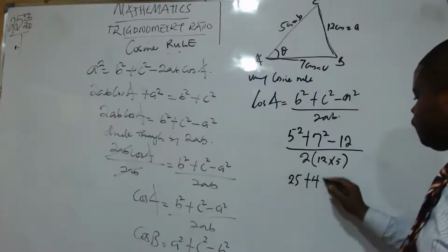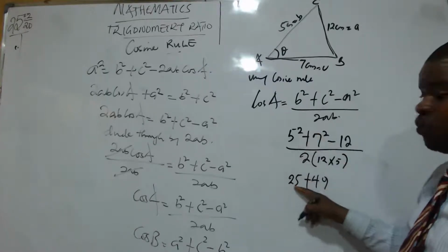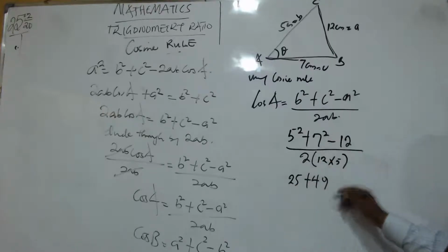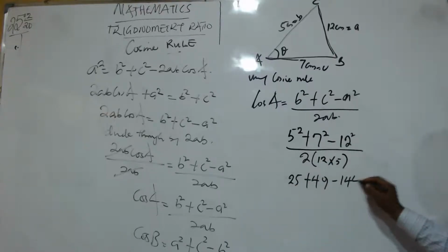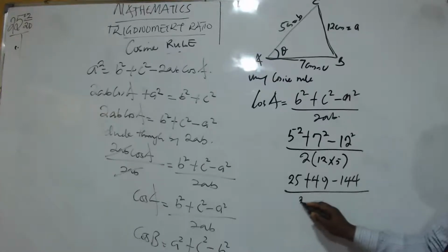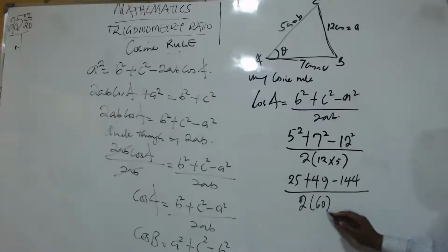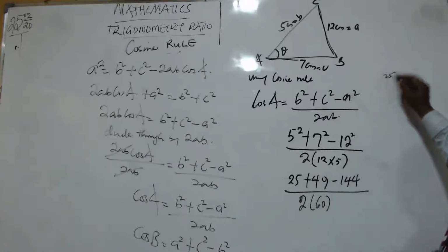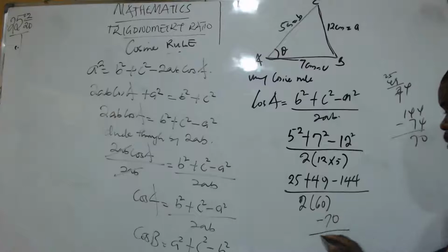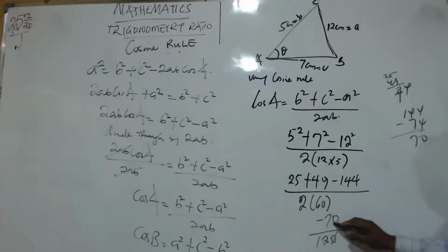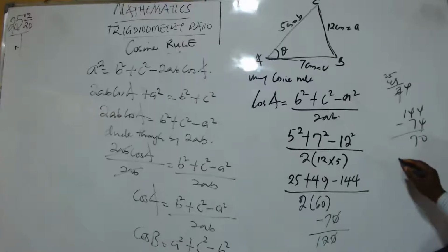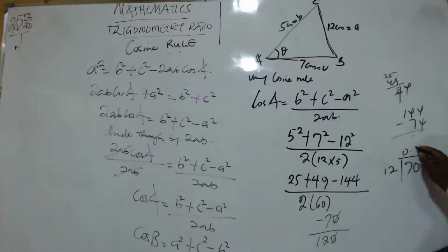So this is 25 plus 49. That's 5 square, we have 25. 7 square, we have 49. And 12 square, we have 144. Divided by 2, bracket 60. Now, we have 25 plus 49 minus 144 divided by 120.